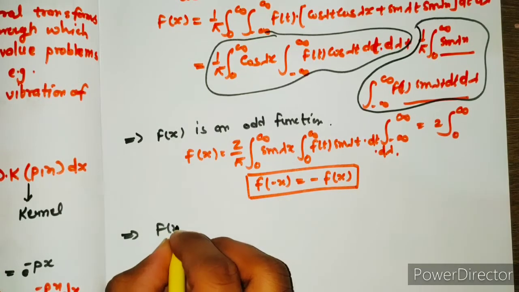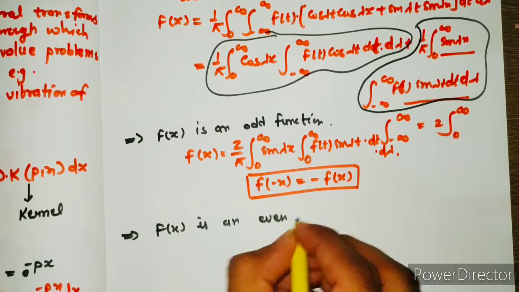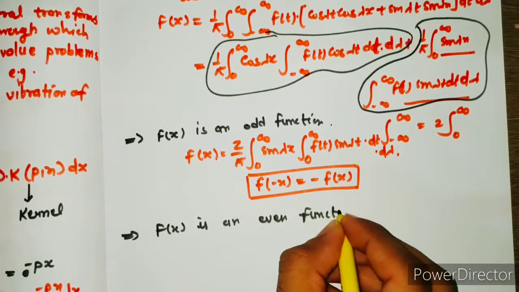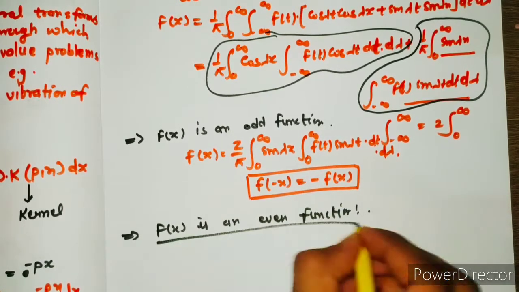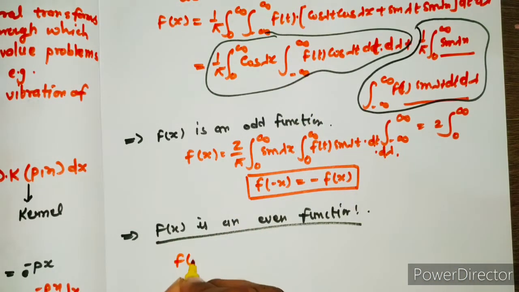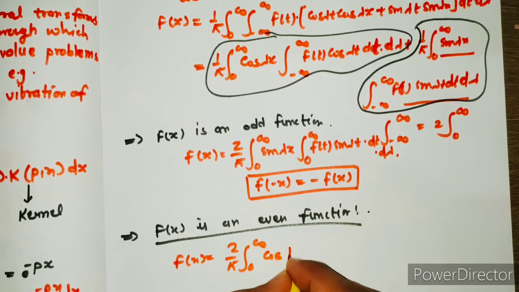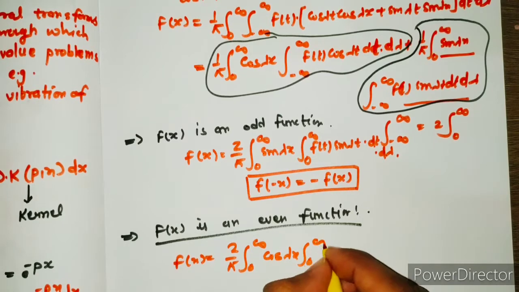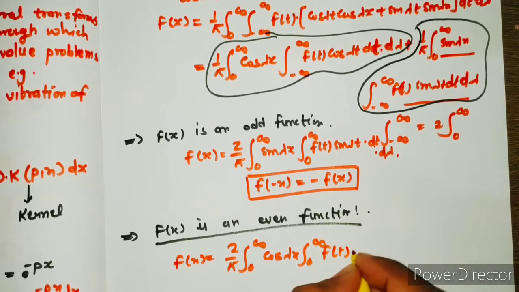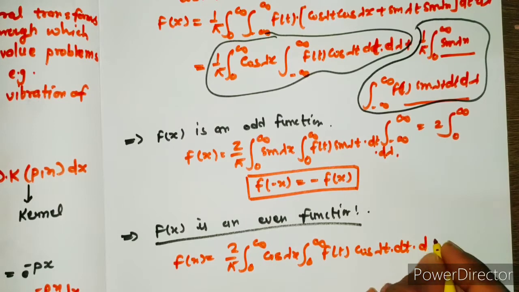When the function f(x) is an even function, we use the formula f(x) equal to 2 upon pi, integral from 0 to infinity, including only the cos term, cos lambda x, integral from 0 to infinity of f(t) cos lambda t dt d lambda.